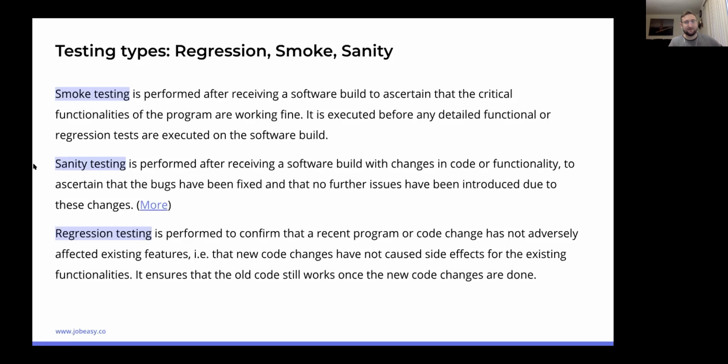Sanity testing is performed after receiving a software build with changes in code or functionality to ascertain that the bugs have been fixed and that no further issues have been introduced due to these changes. And I'm pretty sure that most of you look at these two definitions and say, well, it's basically the same thing. No, it's not.